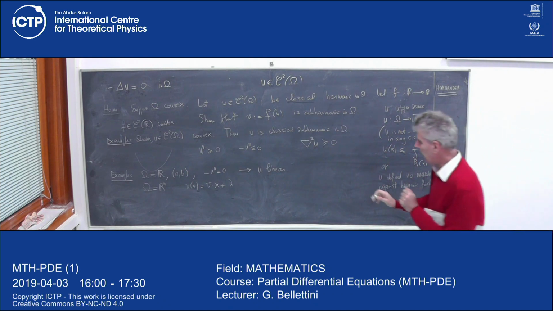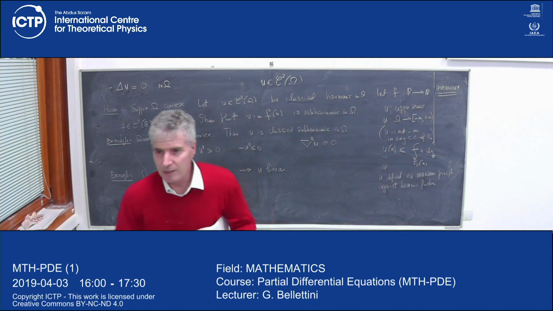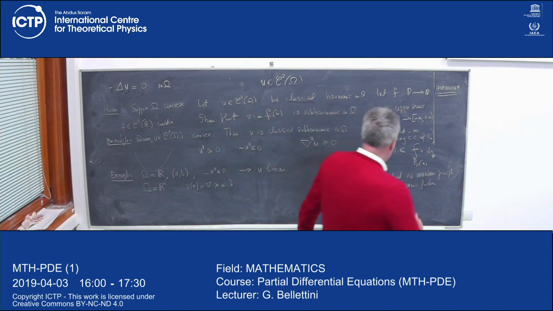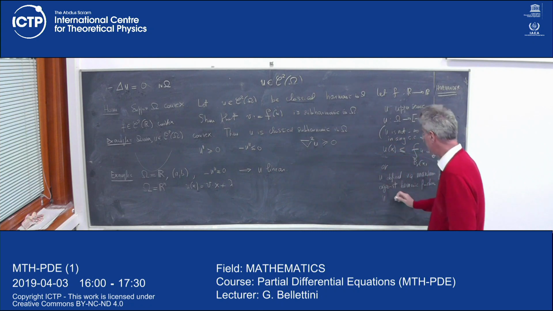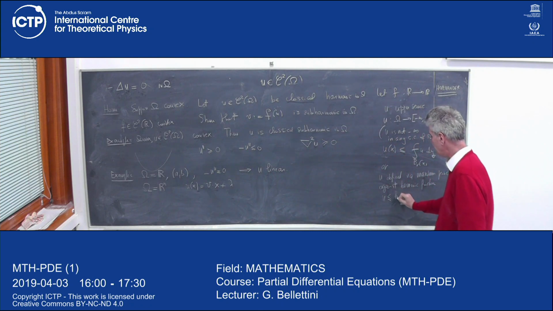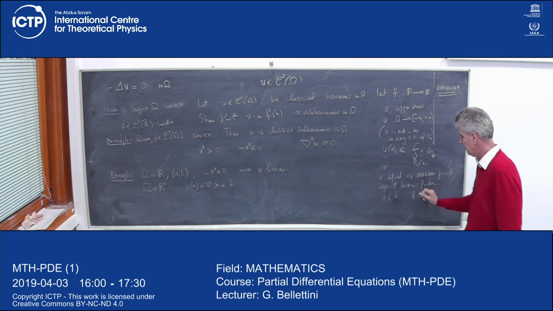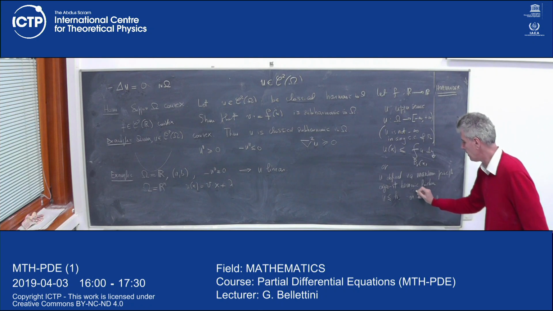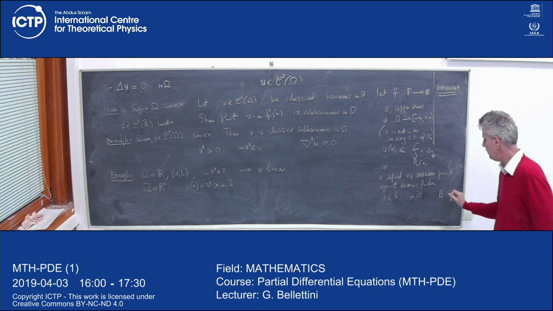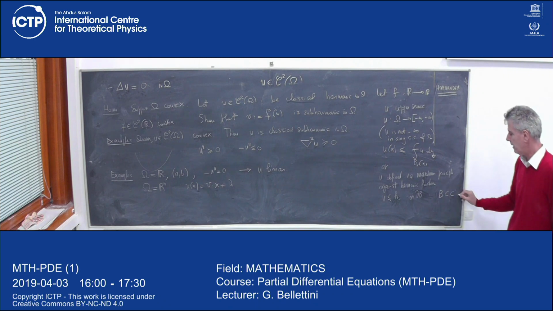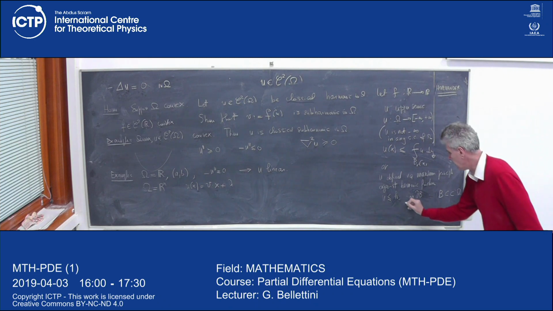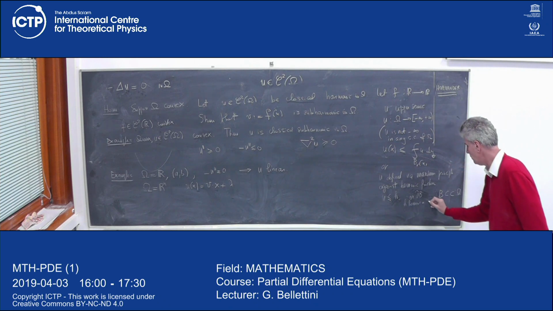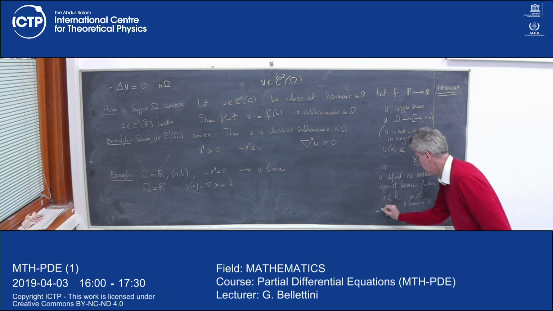So it is something like, this is the first lecture: if u is less than or equal to h, with h harmonic, on the boundary of some ball, any ball contained in omega, and h is harmonic in the ball, then u must be less than or equal to h in the ball.